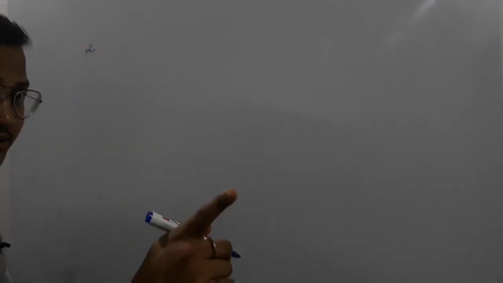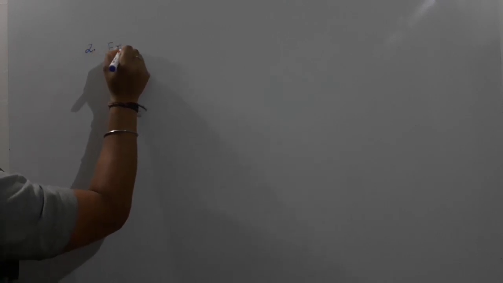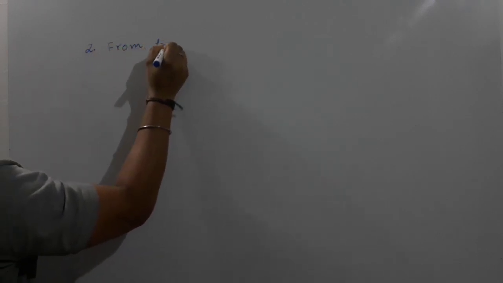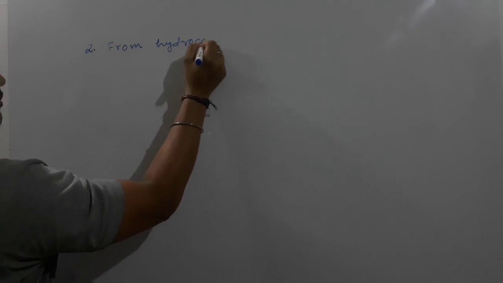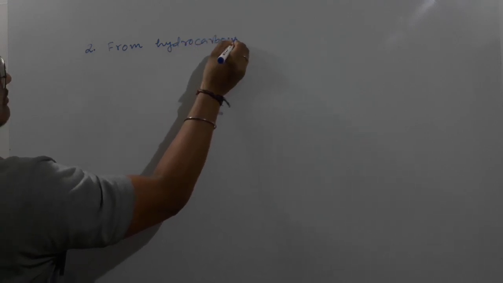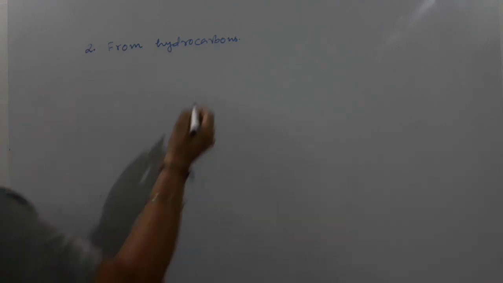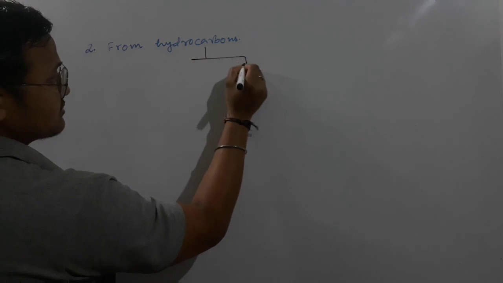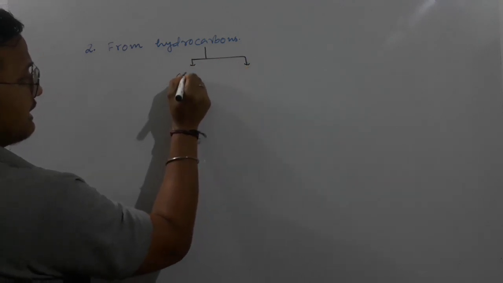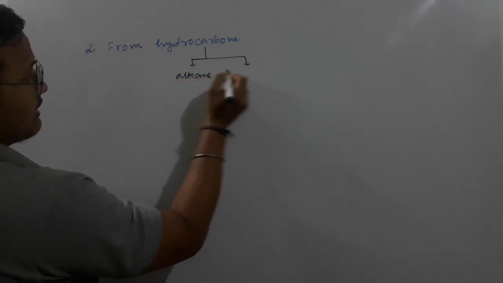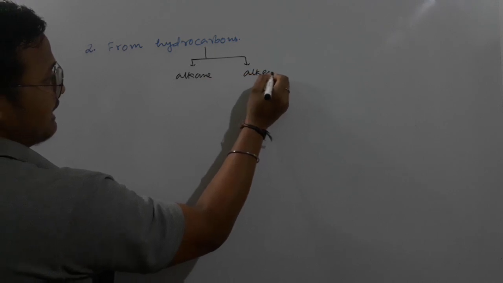It was the first preparation method and this will be the second, and here I am taking it from hydrocarbons. The hydrocarbons which we are taking in these particular reactions are two: alkane and alkene.